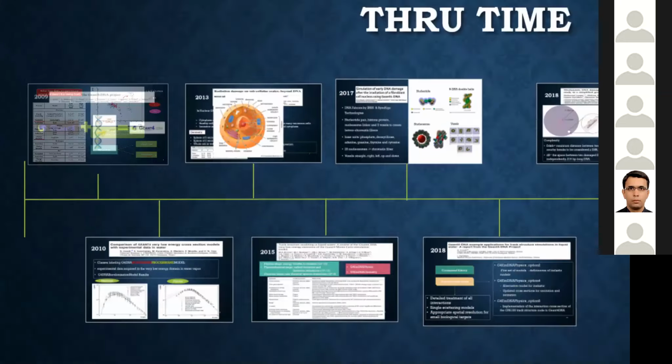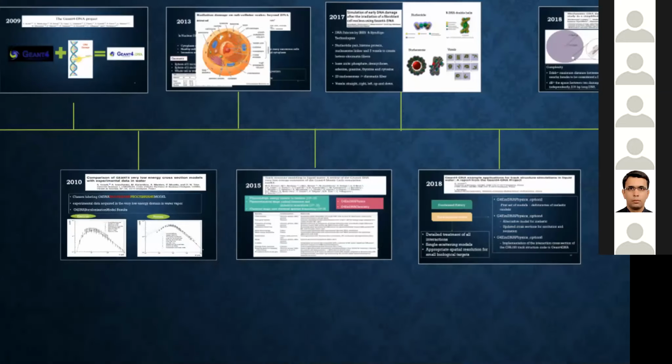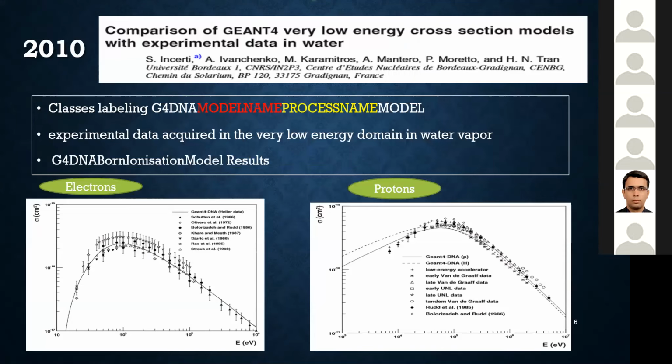Now, if we move forward in time to 2010, we get to one of the first reports about the comparison. As we said, Geant4-DNA wants to provide a simulation tool that is compared with experimental data.